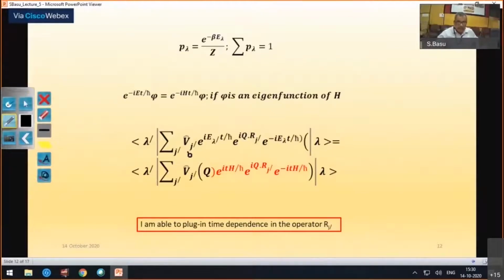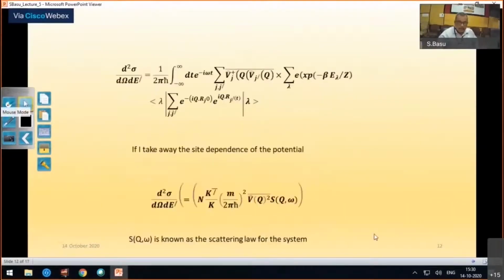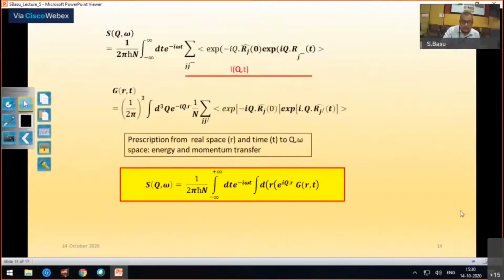So I have the potentials, and this brings in the time for the operator, the position operator. So I am able to plug in time dependence in the operator of R j, and now what I have got, so now I have got an expression which is, this is an averaging over the initial.